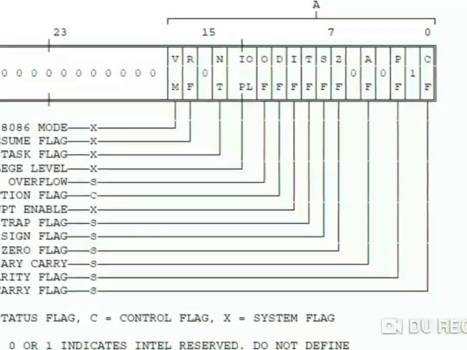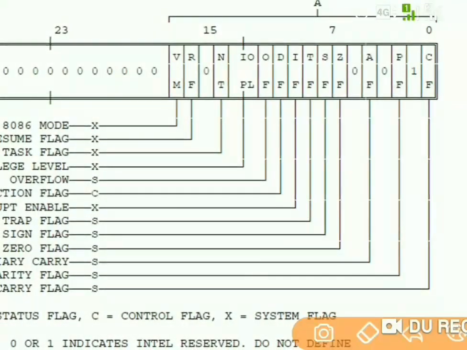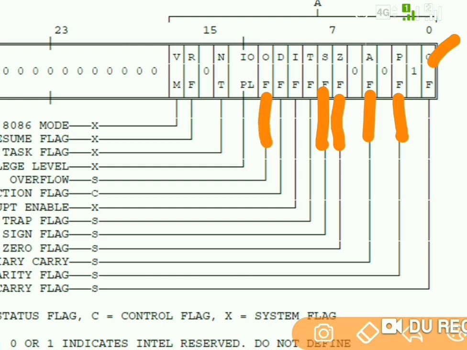As we see in the figure, the status flags are CF, the carry flag, then the parity flag, auxiliary carry flag, zero flag, SF, the sign flag, and OF, the overflow flag.